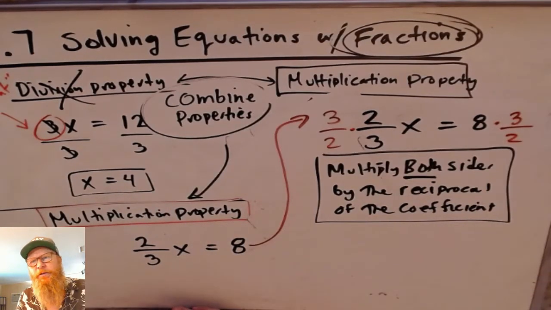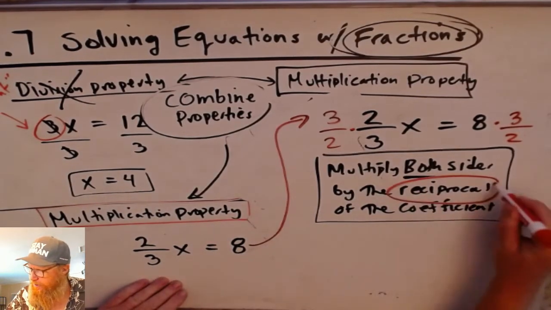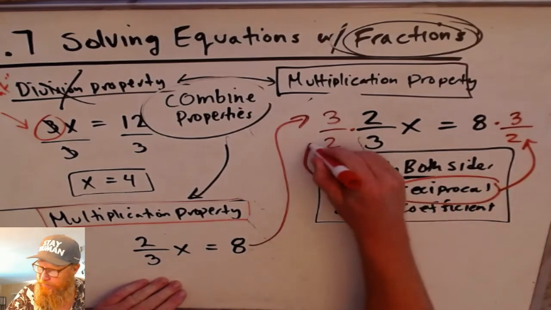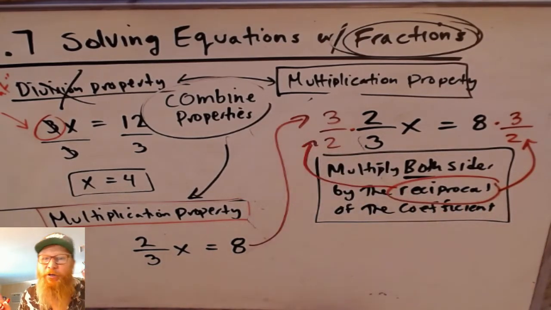So this is called the reciprocal, also known as the flip, not called the opposite. It's a very common misnomer to call it the opposite because it's upside down, and that kind of seems like an opposite, but it's not. It's a reciprocal.